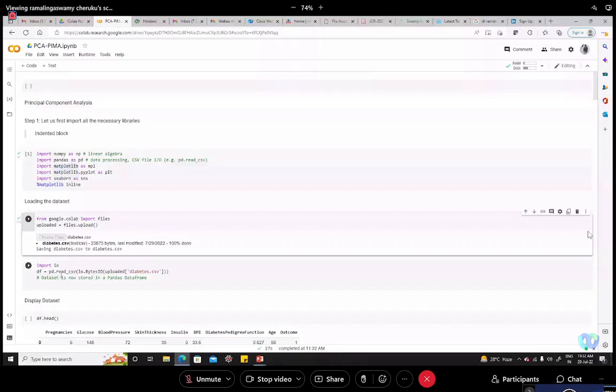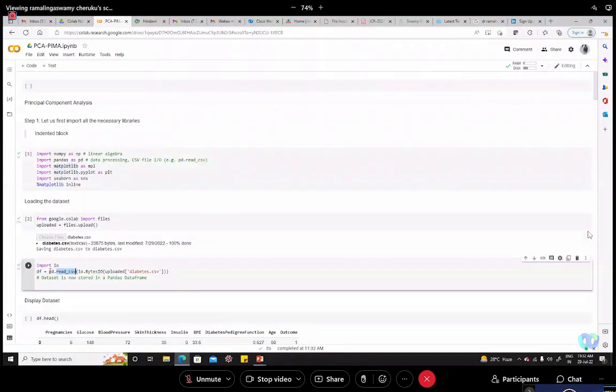For that, I am using the pandas read_csv function.